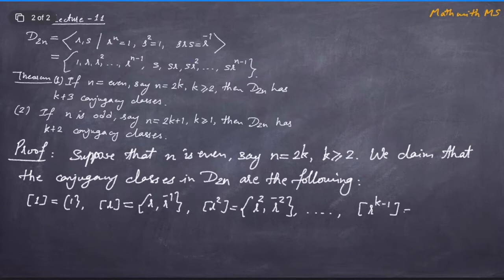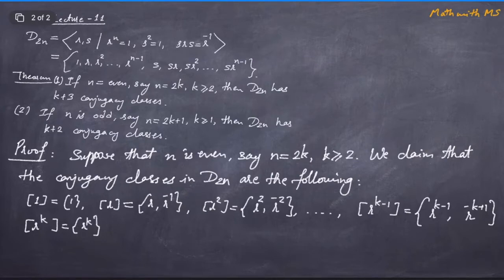It consists of r to the power k minus 1 and its inverse, that is r to the power minus k plus 1. Now the conjugacy class of r to the power k, which is a central element, will be just the element r to the power k itself.